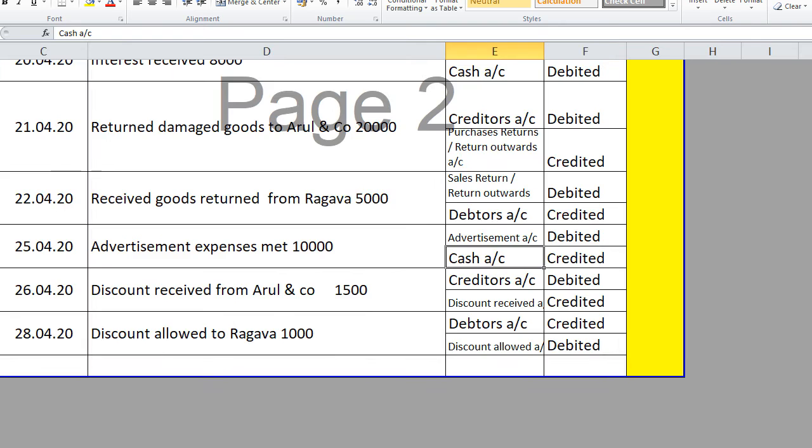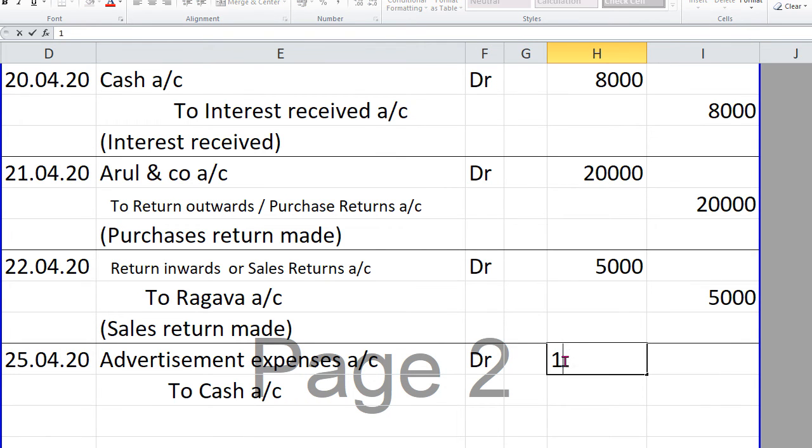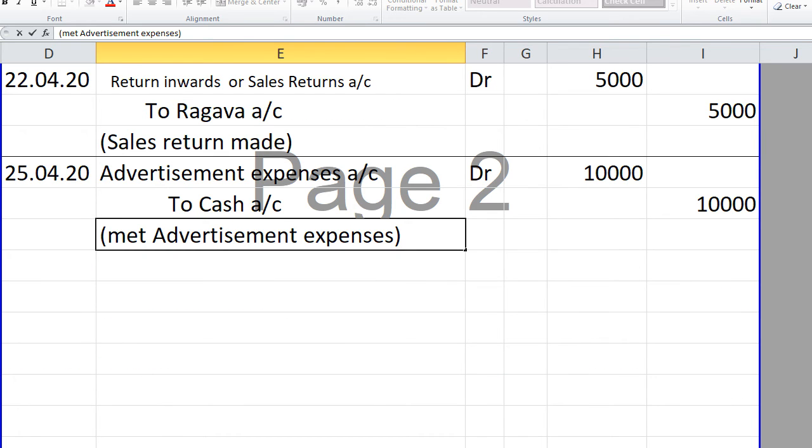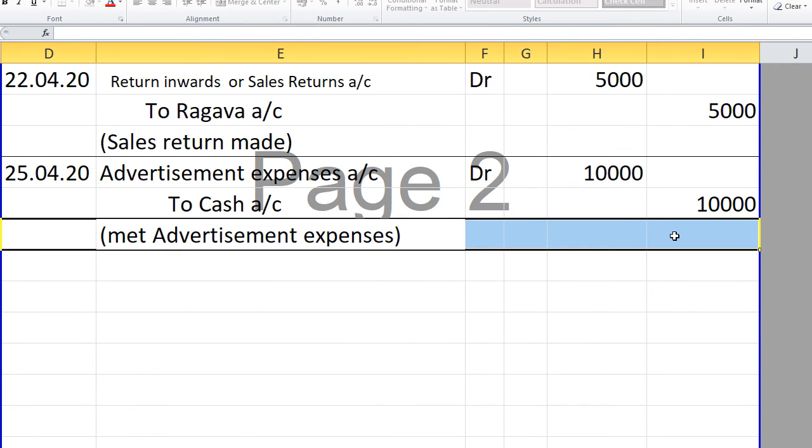How much? 10,000 and 10,000. Narration: met advertisement expenses. Well, then we have to draw a line.